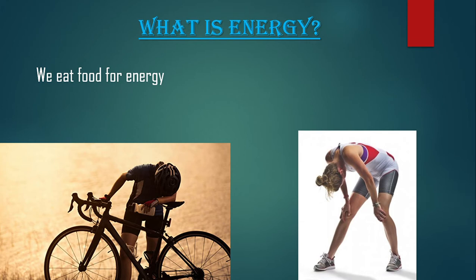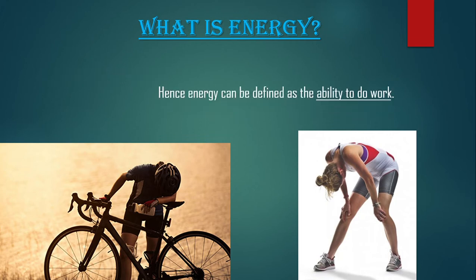For example, if these people are tired, once they have some food and take some rest, they can again do cycling for 4 hours and she can run for an hour. So we derive our energy from food. Hence energy can be defined as the ability to do work.